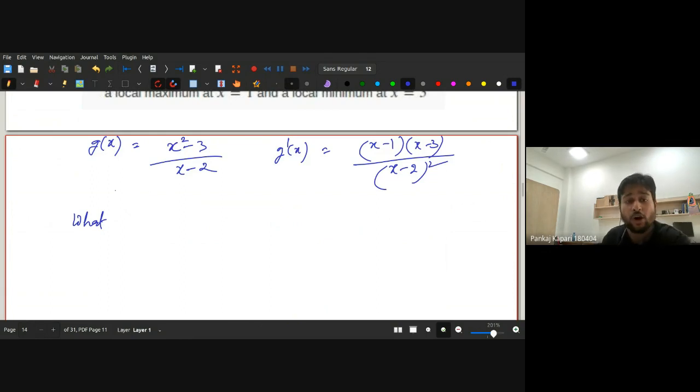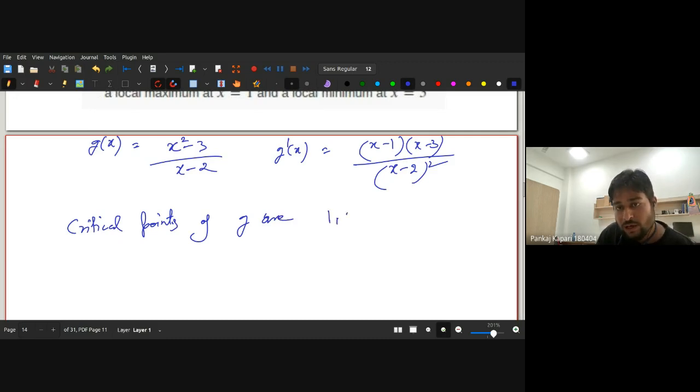We already know where the derivative is positive or negative, so we know whether the function is increasing or decreasing inside those intervals, and that will help us find the nature of the critical points. The critical points are 1, 2, 3.